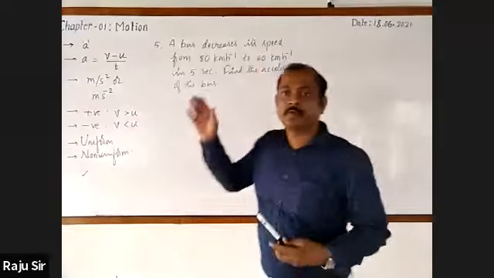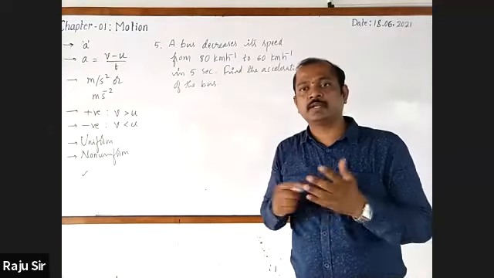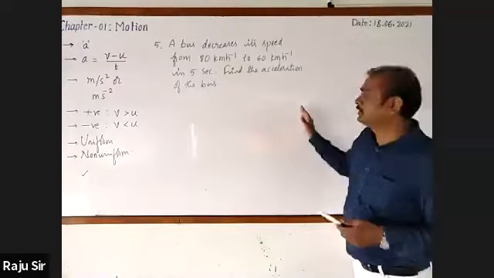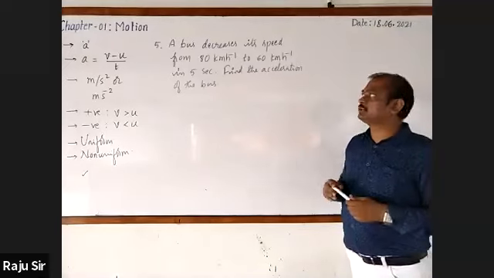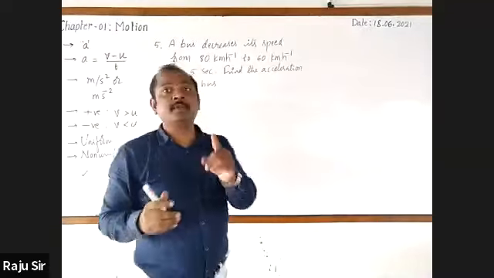Then just by going through this statement, can we say whether it belongs to positive acceleration or negative acceleration? Negative acceleration, sir. It belongs to negative acceleration because the bus is decreasing its speed. So that is why our final answer will be negative. Yes, please go on writing with me quickly.